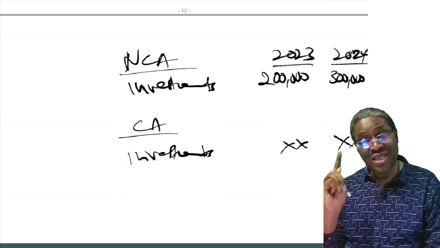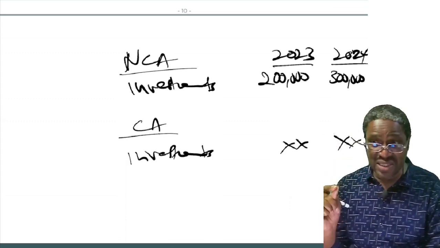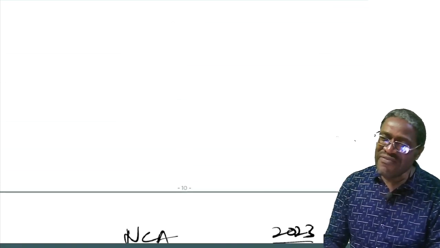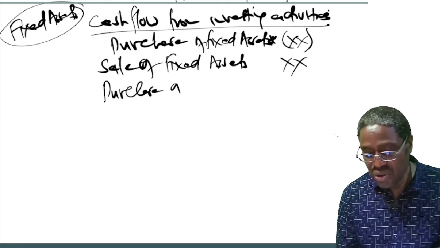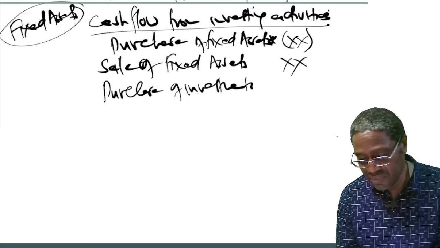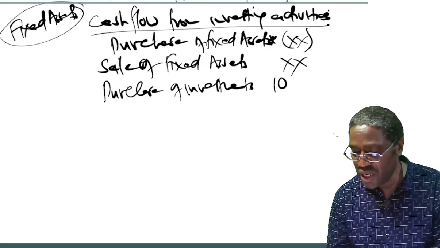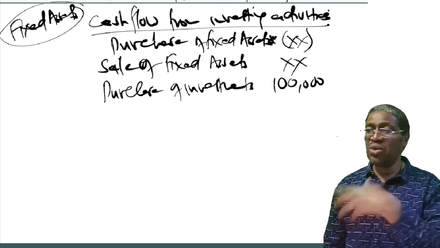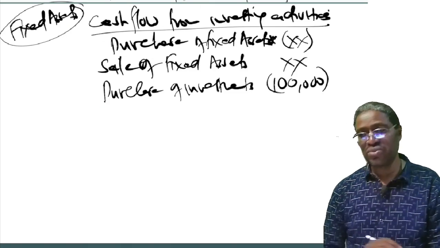And these are investments which are considered as long-term investments. They are among the fixed assets. So in your cash flow statement, among the investing activities, you will say here, purchase of investments, 100,000. Last year our investments were 200. This year our investments are 300. We must have purchased some more by an extra 100. That is an outflow. Okay?